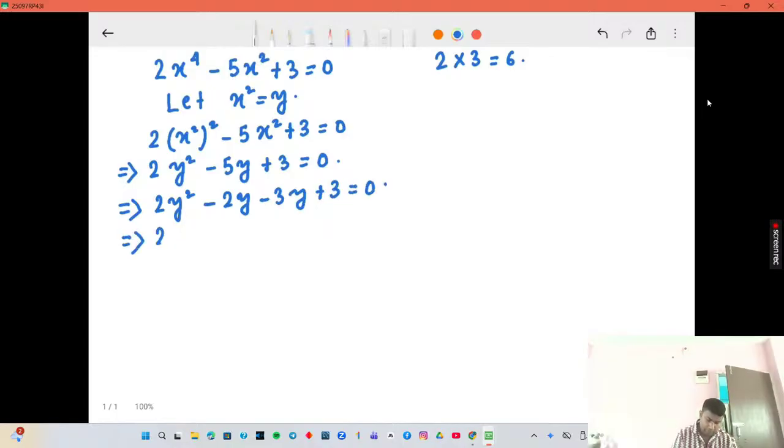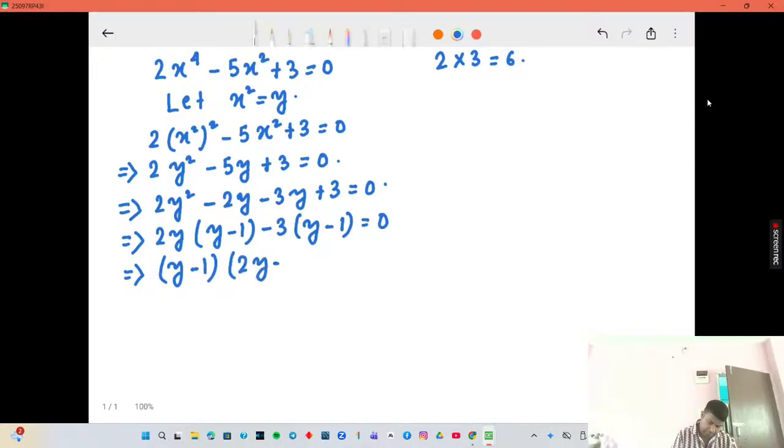So we take 2y common: 2y(y minus 1) minus 3(y minus 1) is equal to 0. So (y minus 1)(2y minus 3) is equal to 0. Therefore, y is equal to 1 and y is equal to 3 by 2.